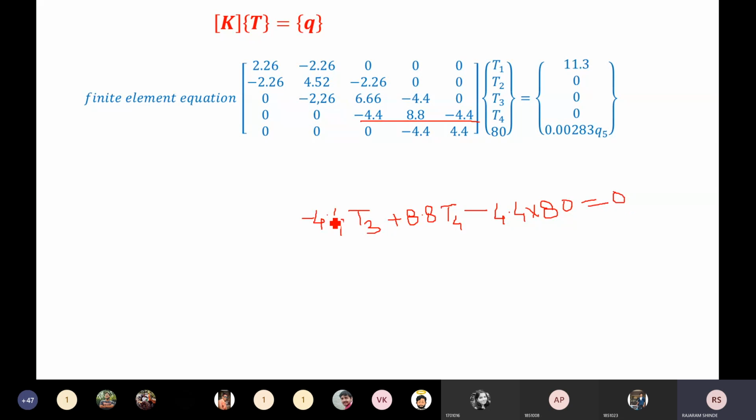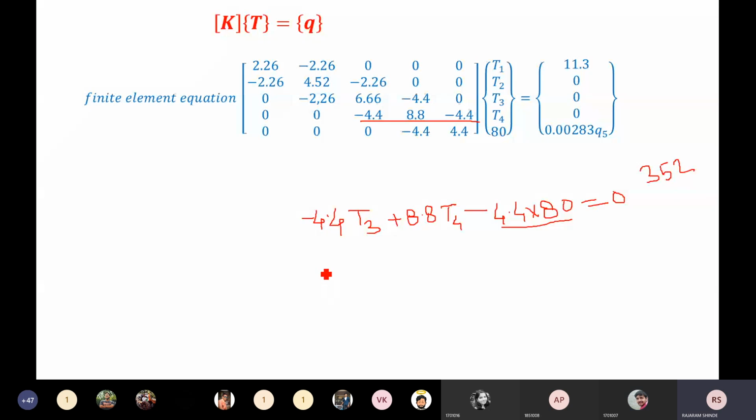Now how does this equation become? What is the product of these two terms? Minus 352.